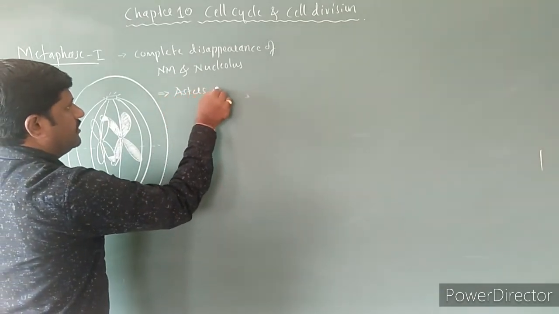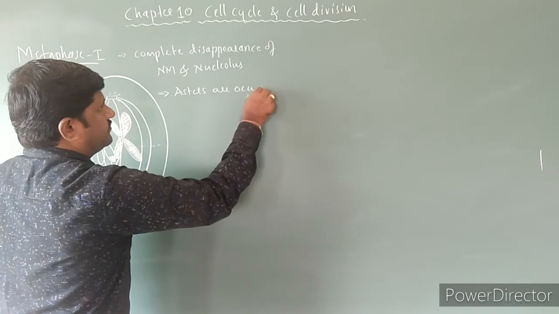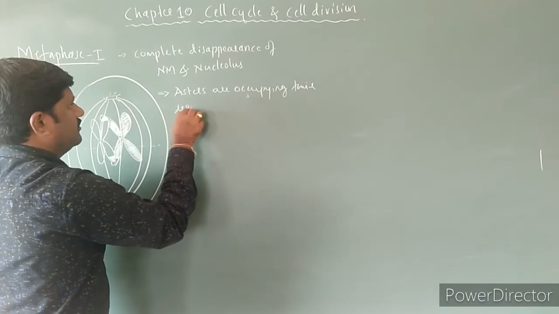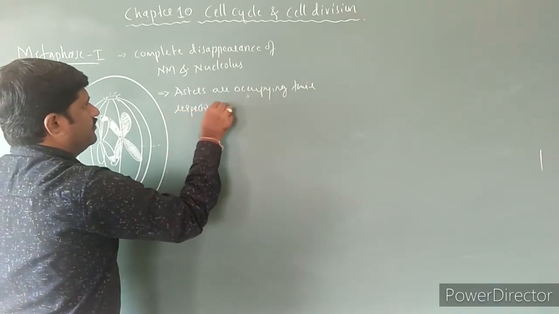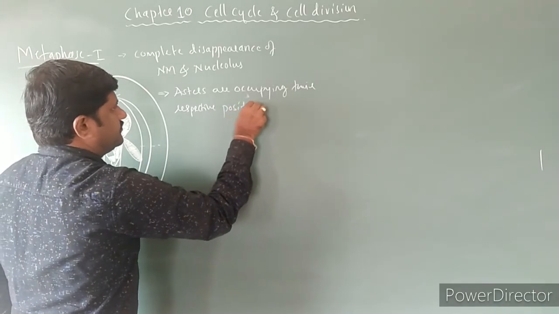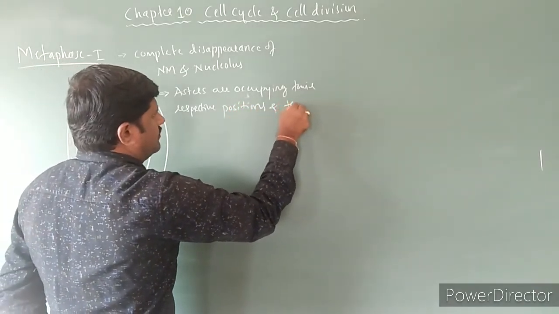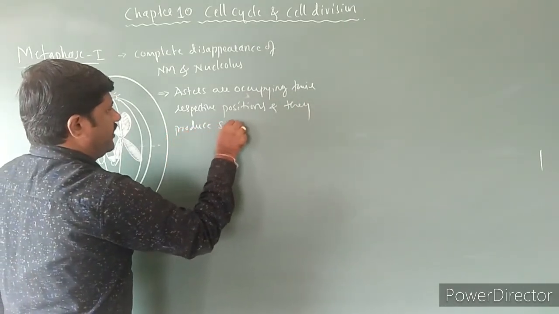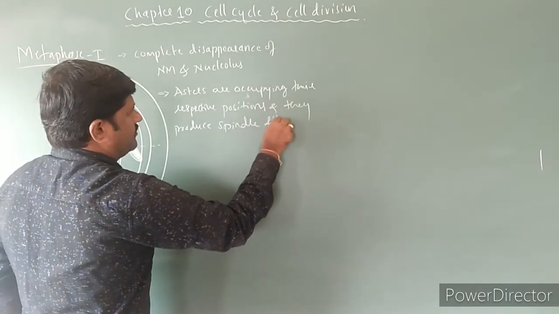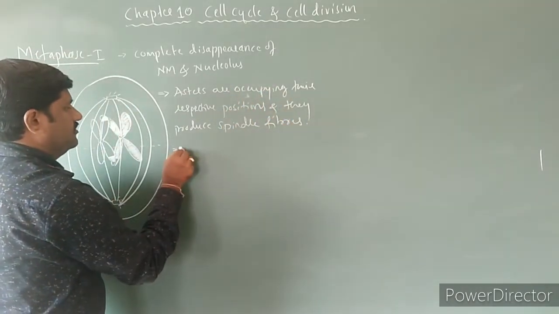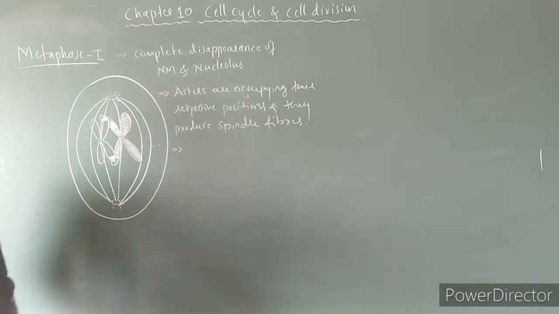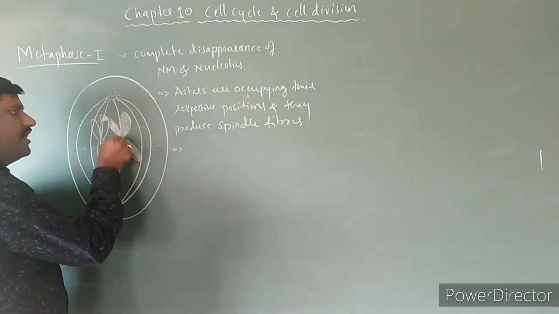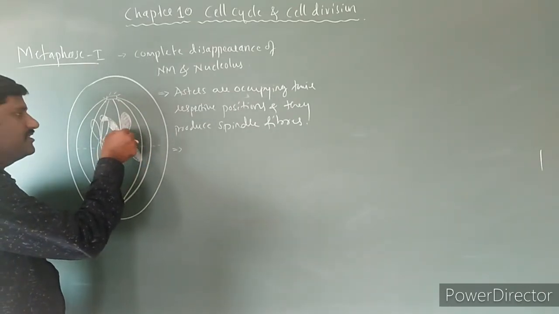Asters are occupying their respective positions, and they produce spindle fibers. Now, right? The spindle fibers are produced, and to these spindle fibers the kinetochore, that is, the chromosomal fibers, are attached.